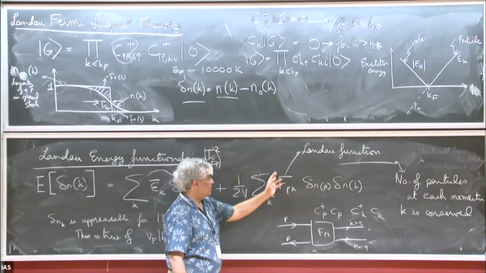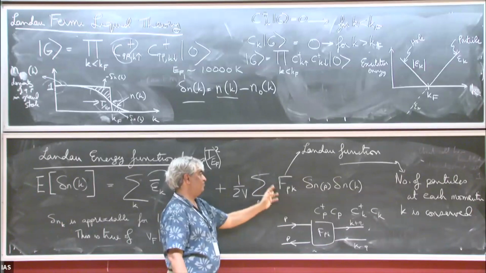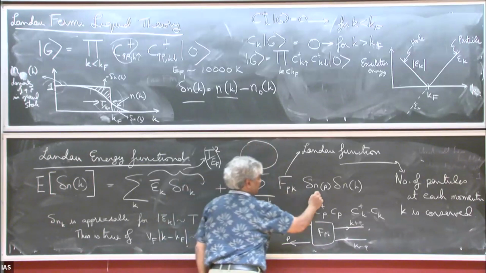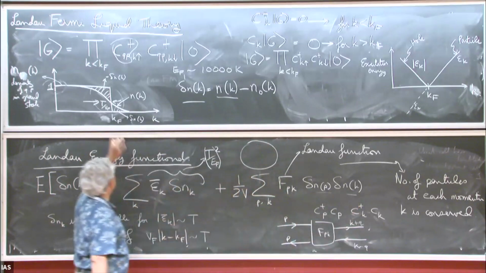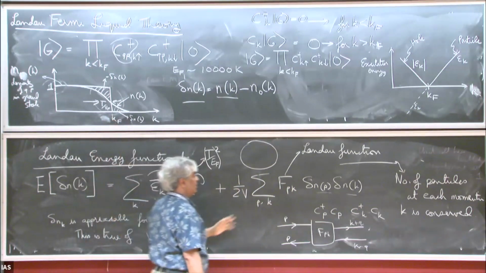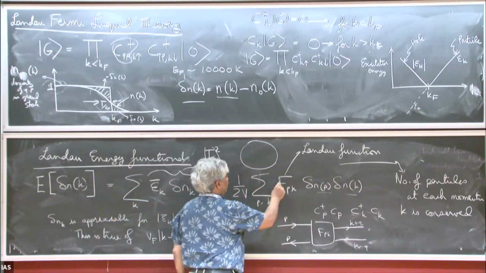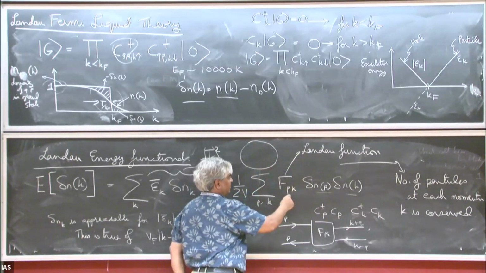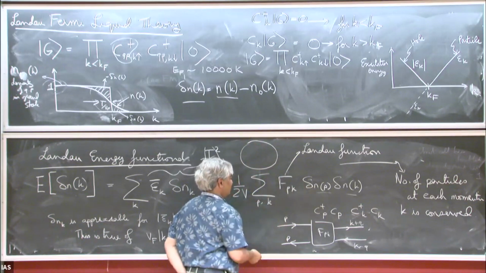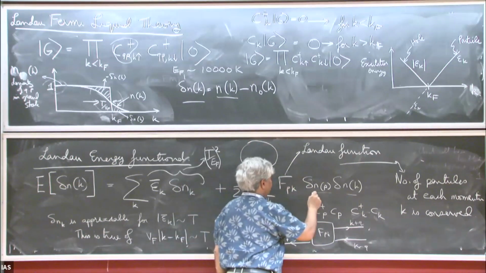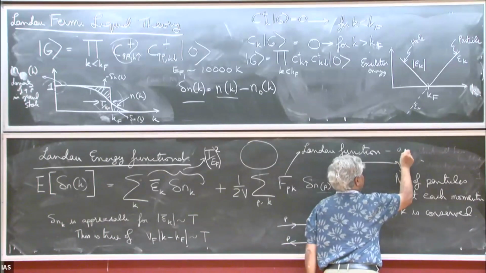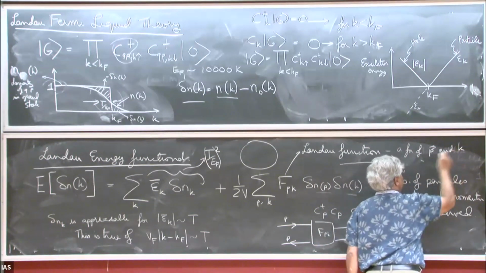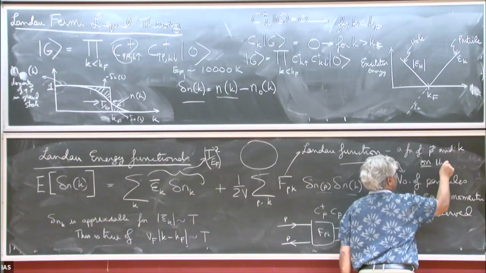Apart from that, the interactions between the quasi-particles, at least at low temperatures, are these functions F_pk. These functions, I should mention, are defined only on the Fermi surface. So this delta n of P and delta n of K are appreciable only near k_F. So in this evaluation, you can pull F_pk out of the radial integral. F_pk is really only a function of P and K on the Fermi surface.